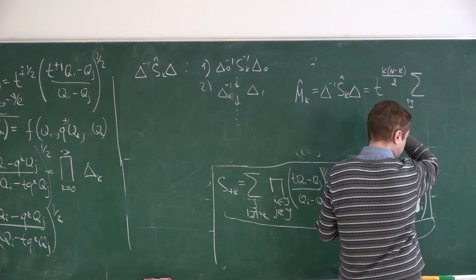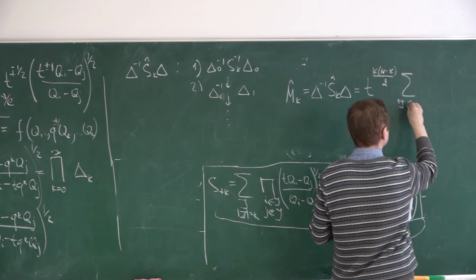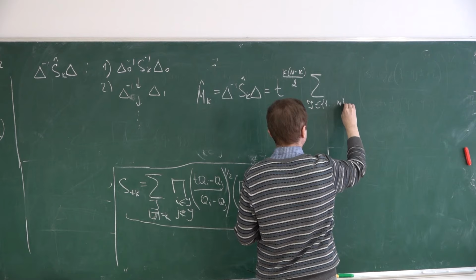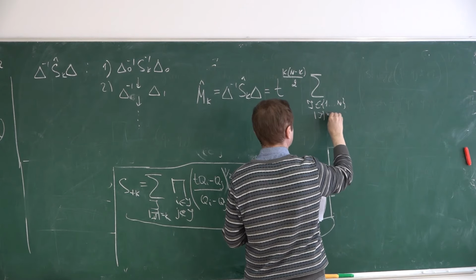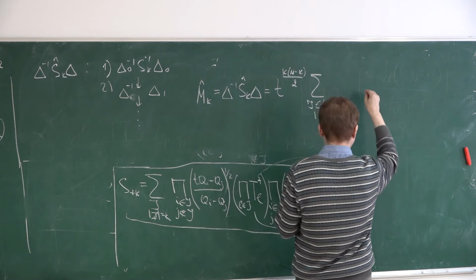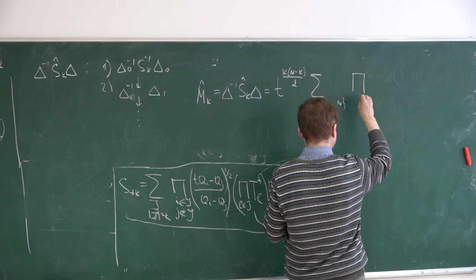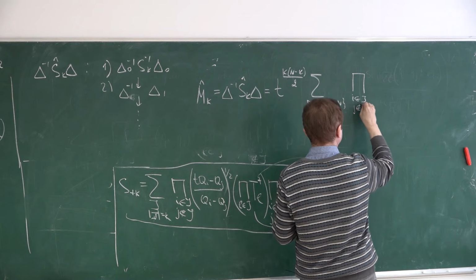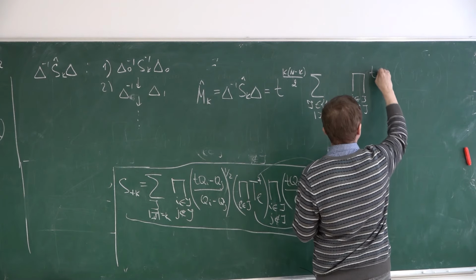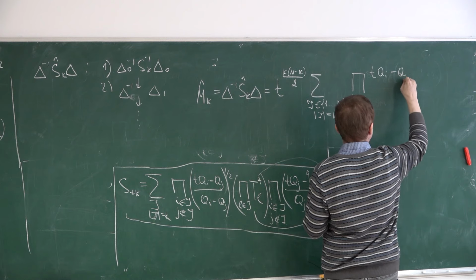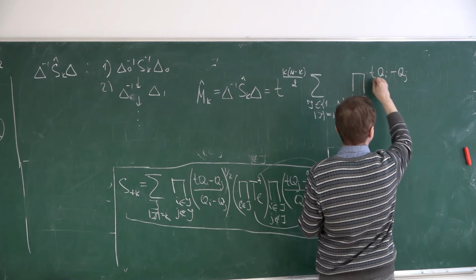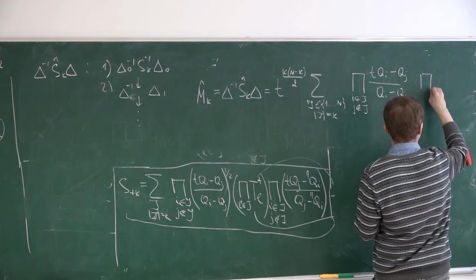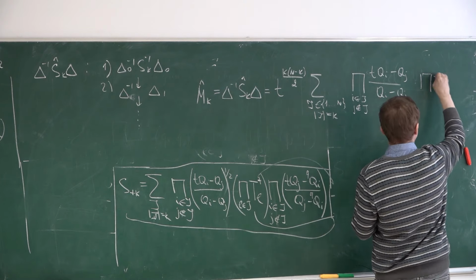So we have again a sum over all subsets of degree k, and here we have a product of t qi minus qj divided by qi minus qj, multiplied by the product of shift operators.